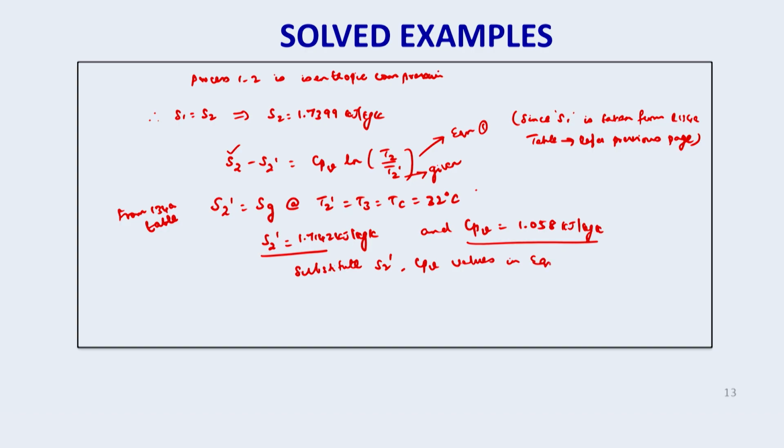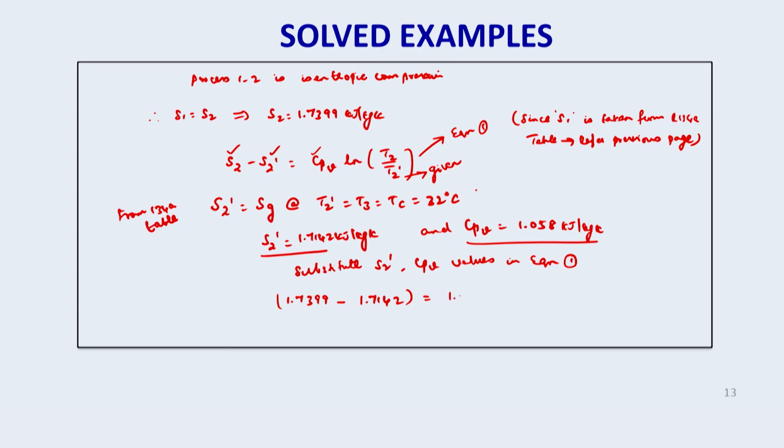In equation 1, now this is also known: S2 minus S2 dash, 1.7399 minus S2 dash, 1.7142. This is on the left hand side.